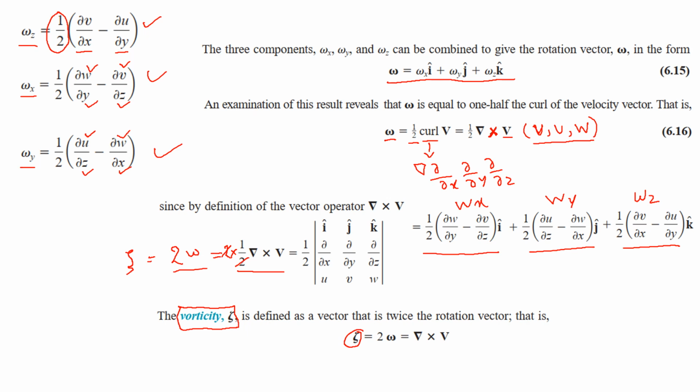Vorticity is defined as a vector that is twice the rotation vector, that is the rotation vector that we used throughout this derivation, and this rotation vector is equal to this, as we know.